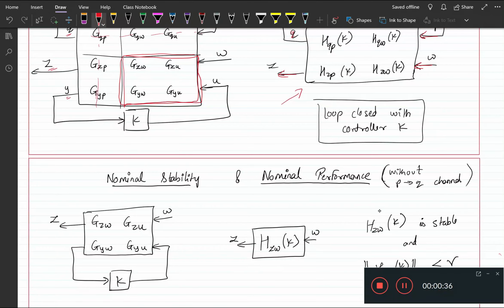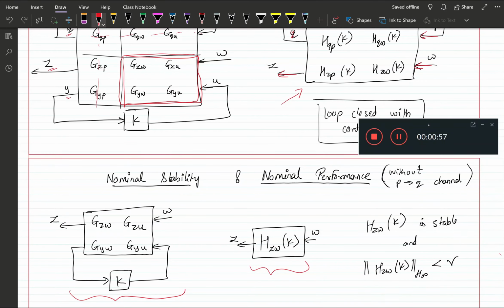For a given controller the closed loop is represented by HZW. Because it depends on K, we write it as a function of K, and that has input W and output Z. The question about nominal stability and nominal performance is basically just this: is HZW stable, and is HZW satisfying some performance criteria, such as the H infinity norm less than gamma. So that's nominal stability and nominal performance.